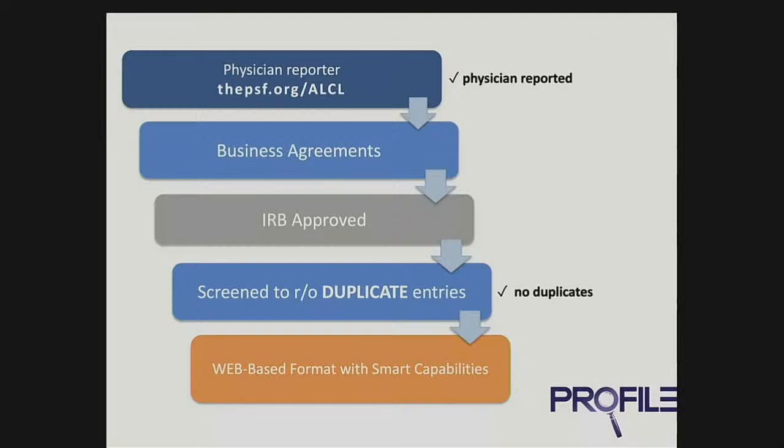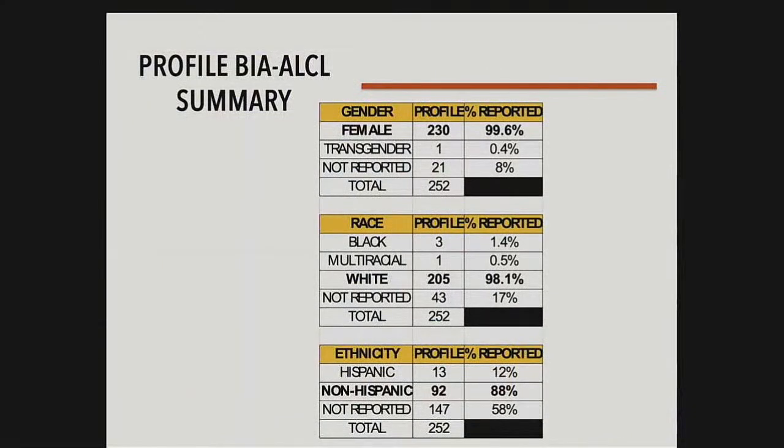We collect patient health information, and using that health information, we are then able to screen for duplicate entries. And based on this, we can confidently say that our number of cases represent unique cases in the United States. Once we have agreements signed and we have ruled out duplicate entries, submission is now using a web-based format with smart capabilities.